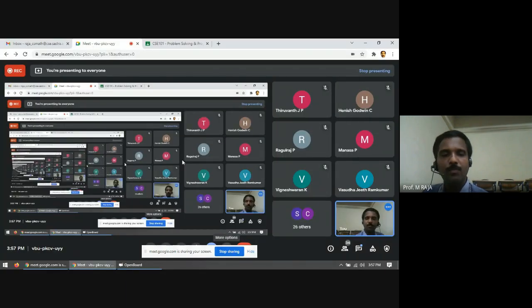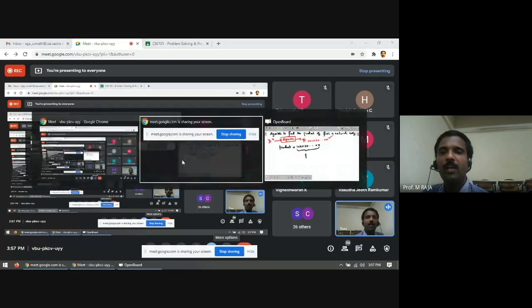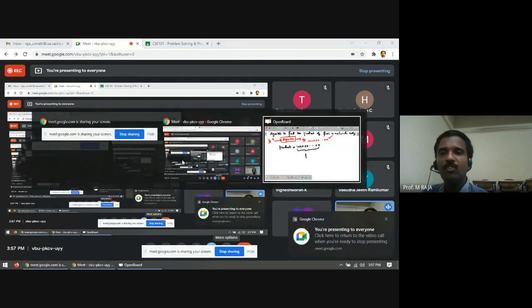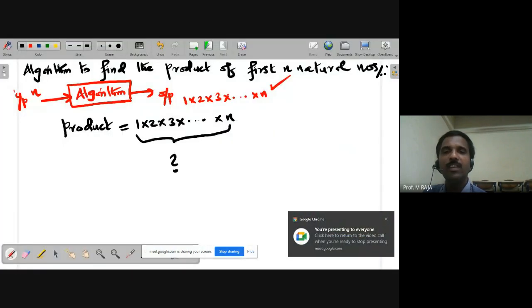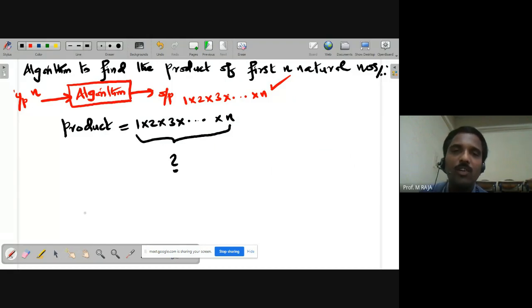The problem is, how do we evaluate the right hand side, 1 into 2 into 3 into etc. n? Since the first number is 1 and the last number is n, we can design an iterating logic to find the variable product. So the simple logic first, I tell you, please understand carefully.